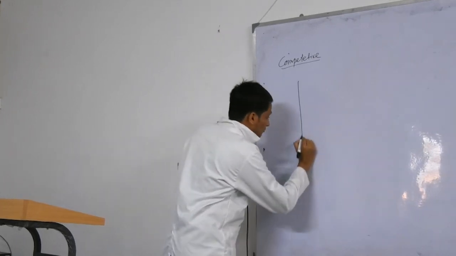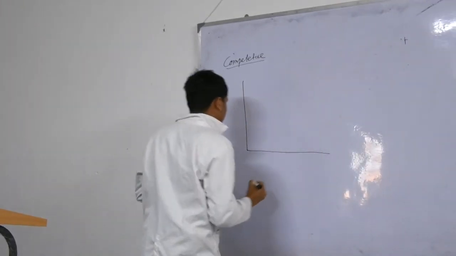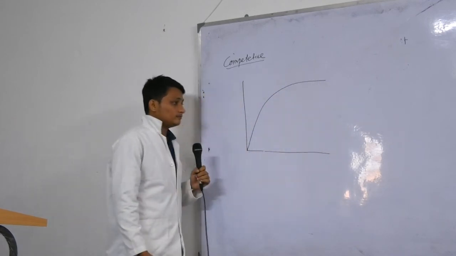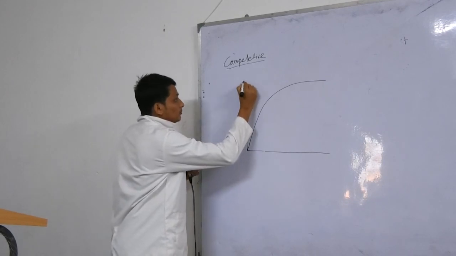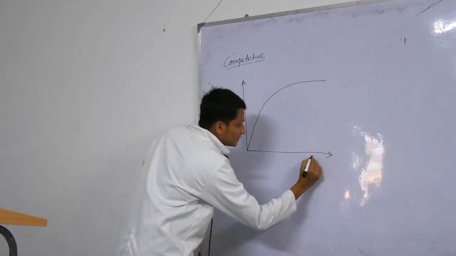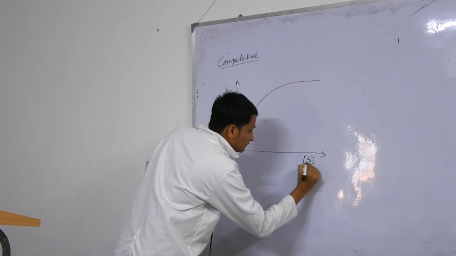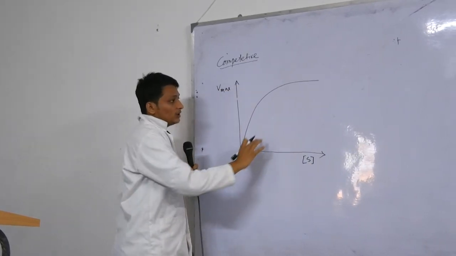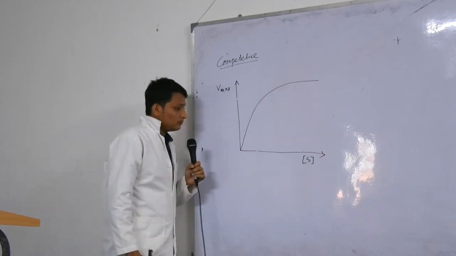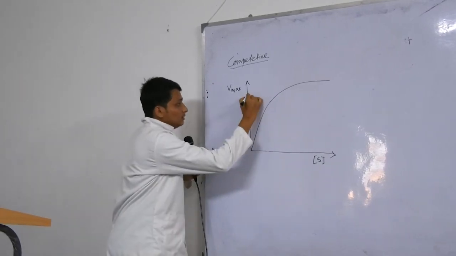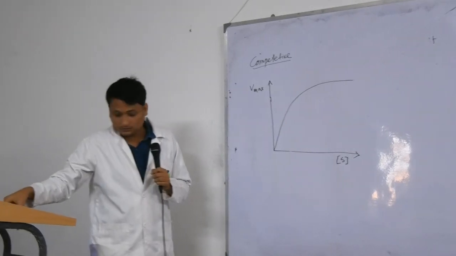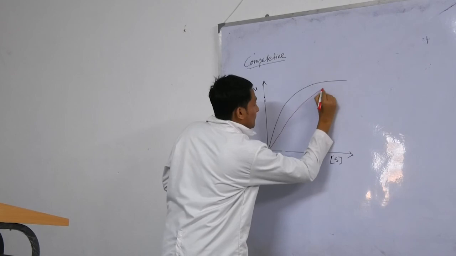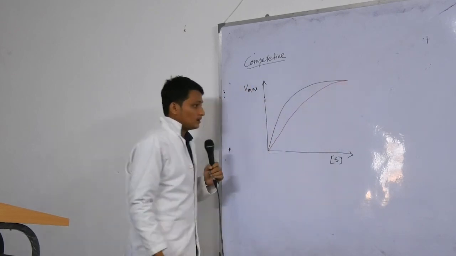Here this is the graph of substrate versus Vmax curve. This is the non-inhibited curve, and when we put the competitive inhibitor, the graph would look like this.